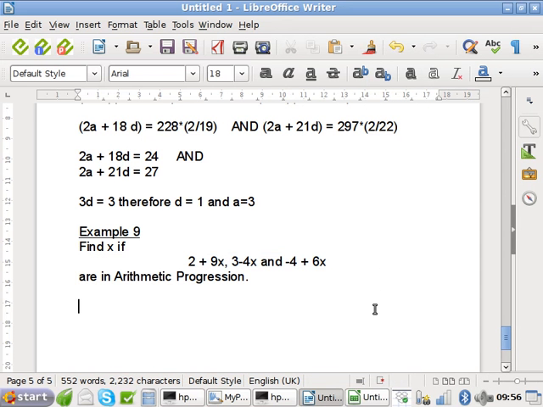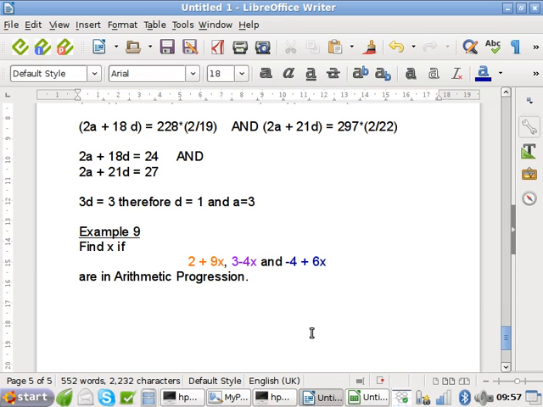Okay, so the last one here, I'm telling you that these three numbers, this is the first number, so whatever, orange, this is the second number, purply colour, and then the third number, whatever, blue. So these three numbers are in arithmetic progression.